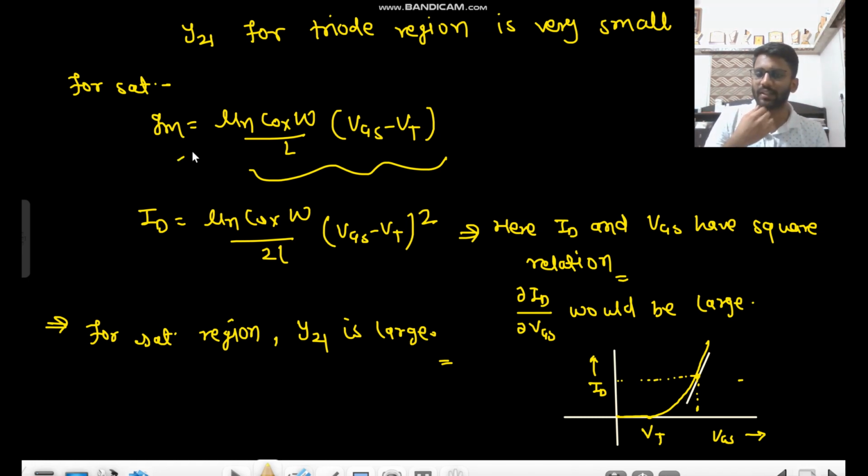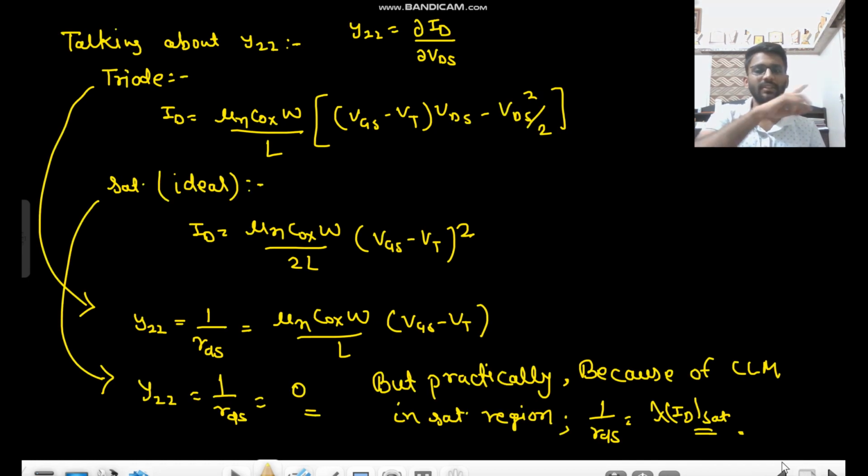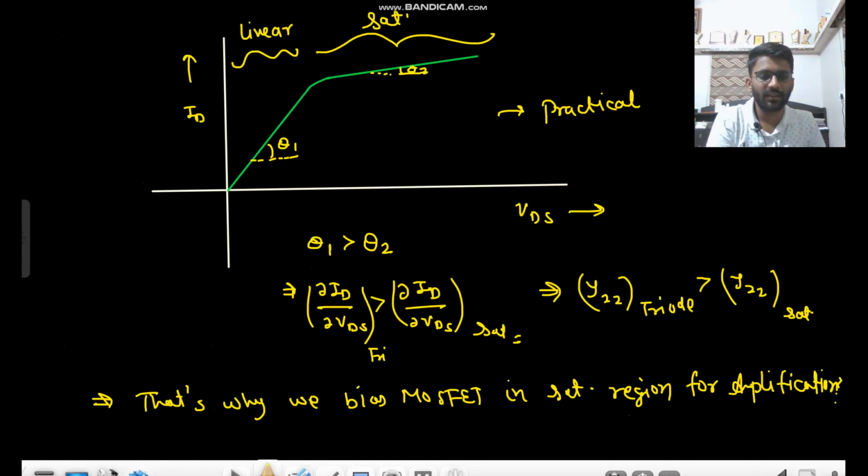Look, this was called transconductance and this is called output resistance because we are talking about both output terminals. ID is output, or VDS is output. So the output resistance, this Y22: the slope is larger on this side and lower on this side.